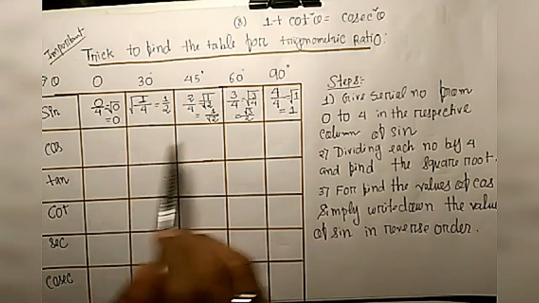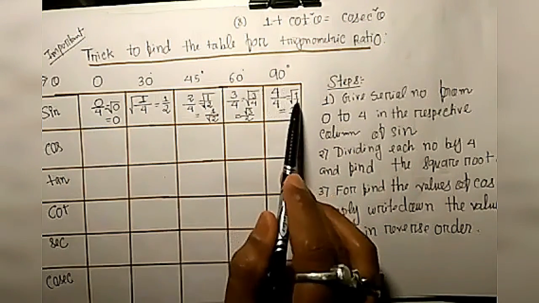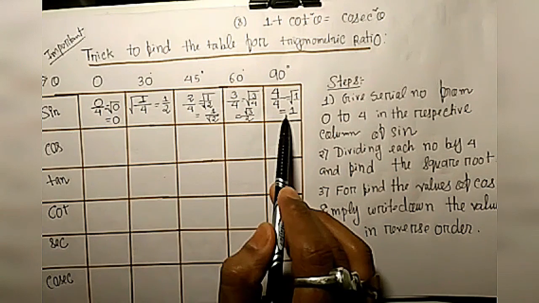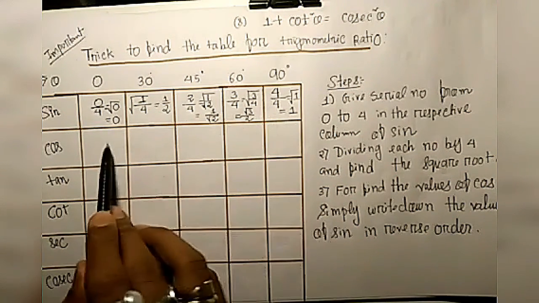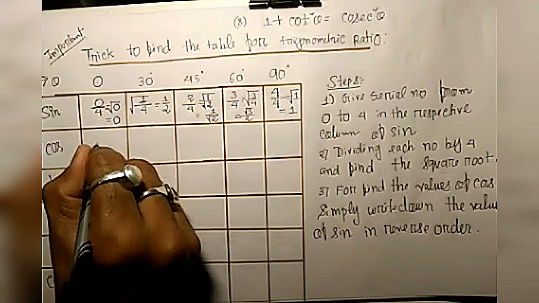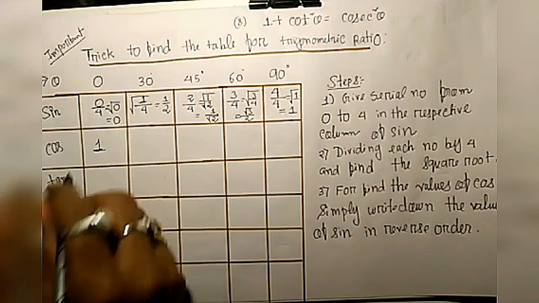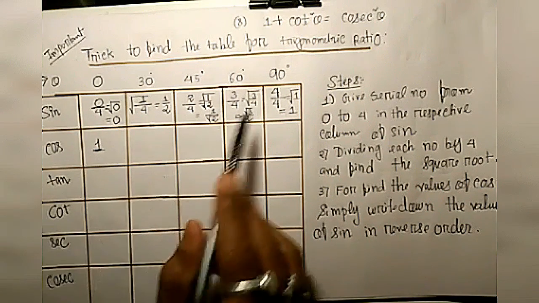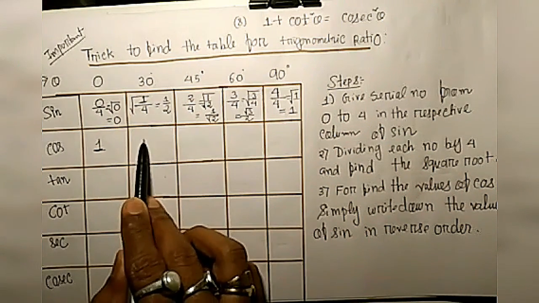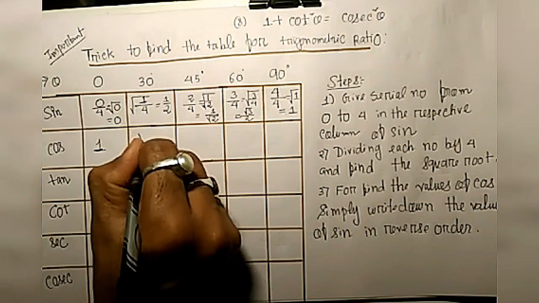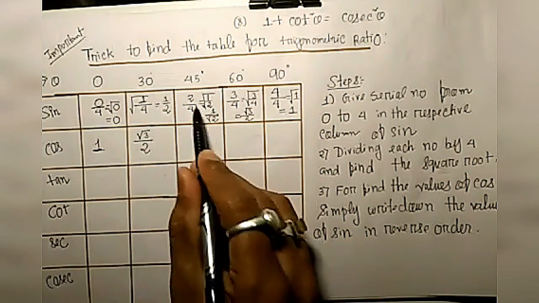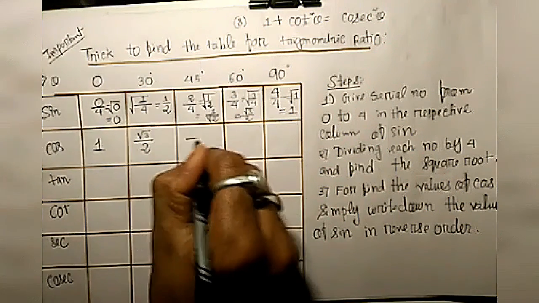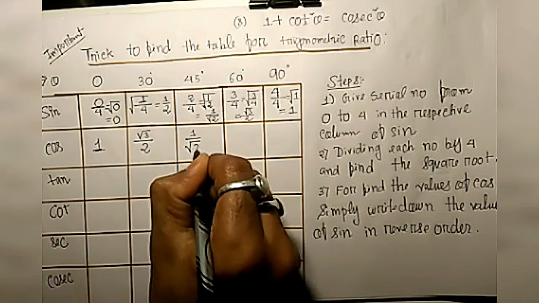So what is the meaning of reverse order? Sine 90 is 1, so for cos 0, it will be 1. Writing the values in reverse order, similarly sine 60 is root 3 by 2, so cos 30 should be root 3 by 2. 45 is in the middle, so it will be 1 by root 2.